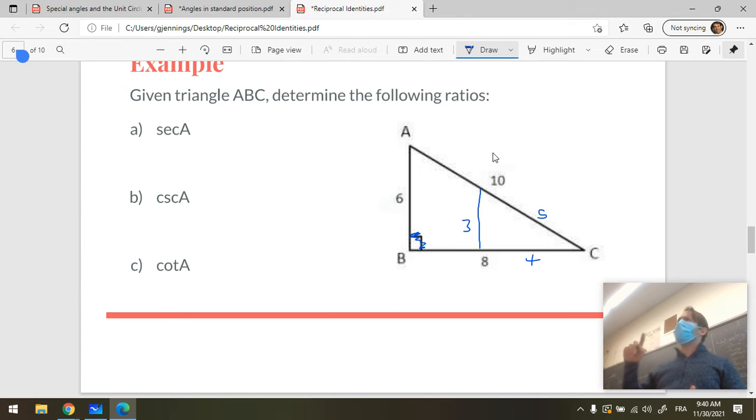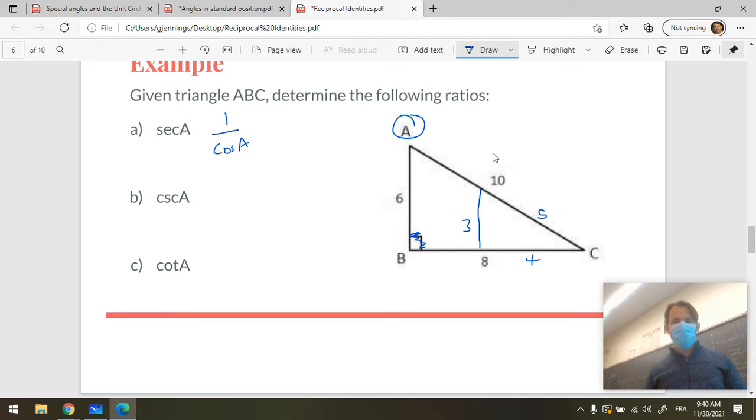Okay, so anyway, if we want to look at secant, who can remember which is the primary ratio that's related to secant? Yeah, cosine. Because cosine has a co, and secant doesn't, so we need the one that has a co. And cotangent is obviously related to tangent, because it's the co of tangent. So here, this is 1 over cosine.